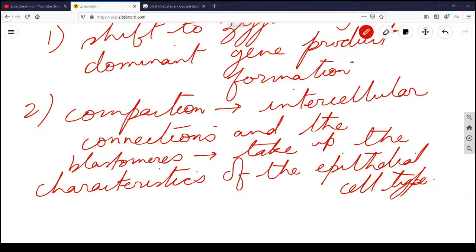This sets the stage for the developmental decision that results in the subdivision of the embryo undergoing cleavage into two distinct types of cells, the trophoblast and the inner cell mass. That is known as polarization.